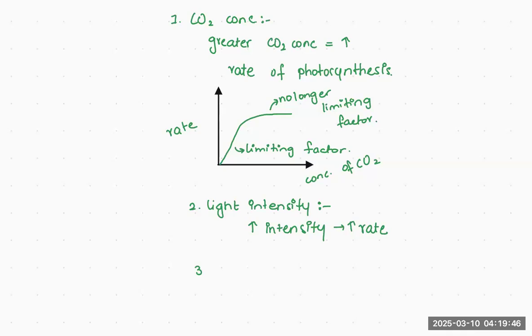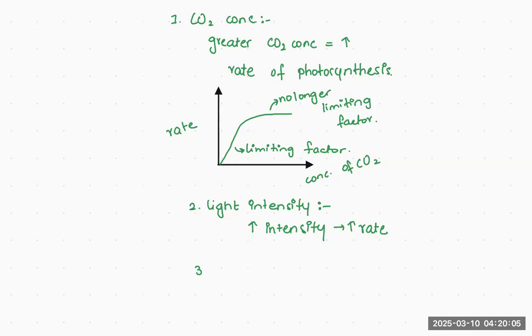So light intensity is one of the more important factors. Your carbon dioxide concentration is a major one.